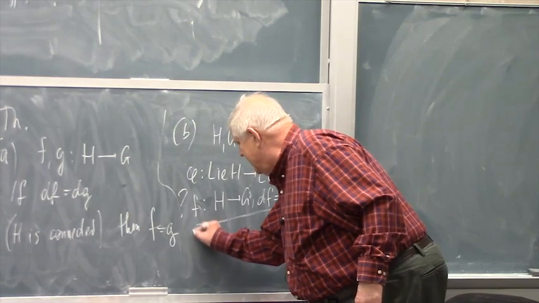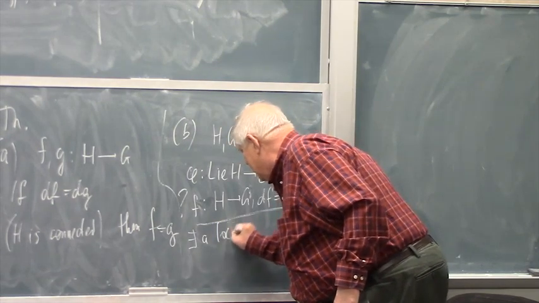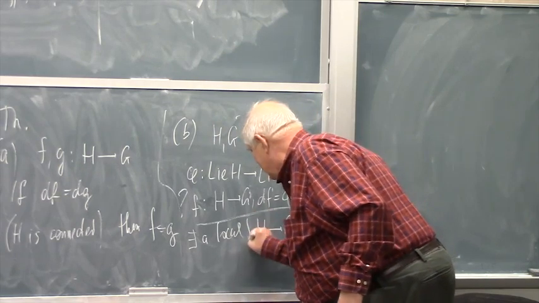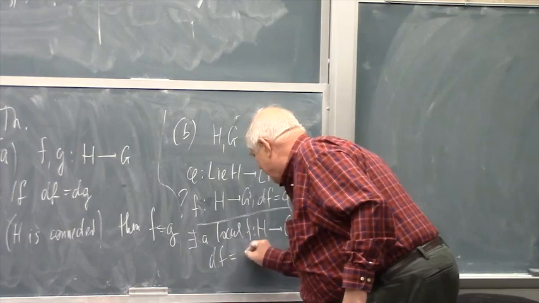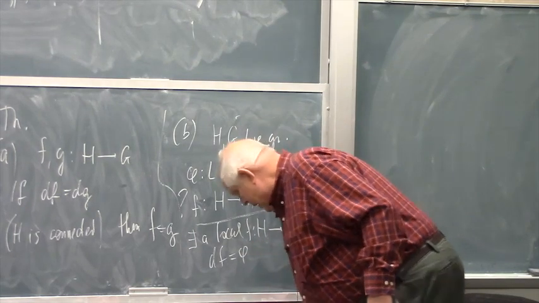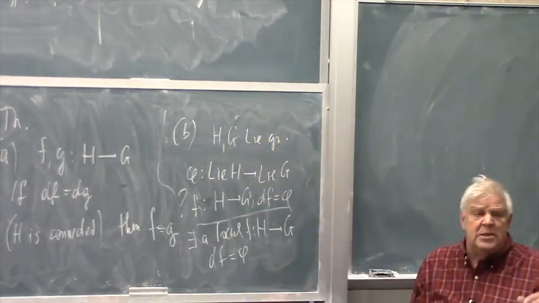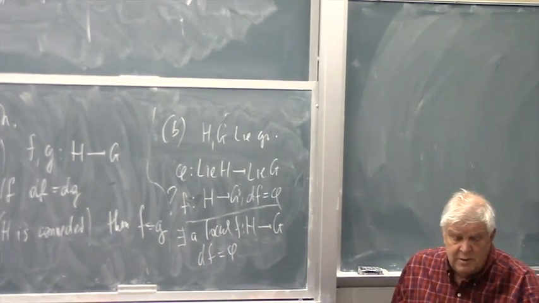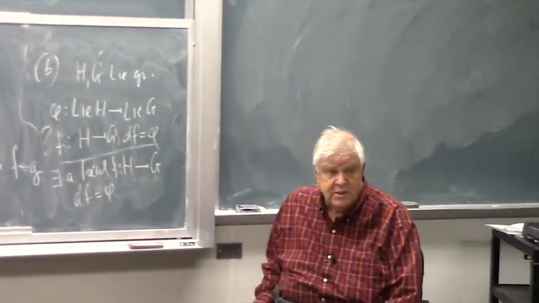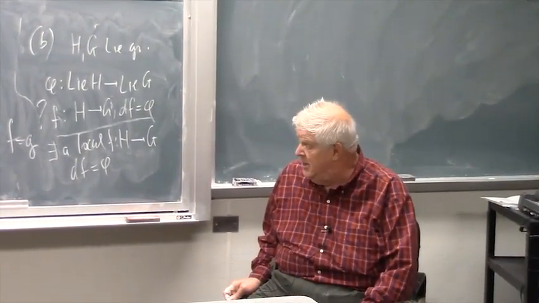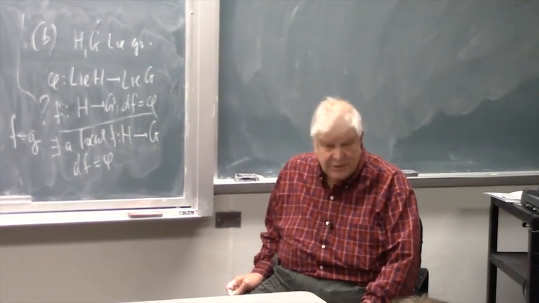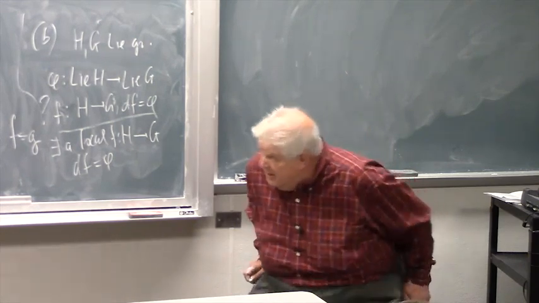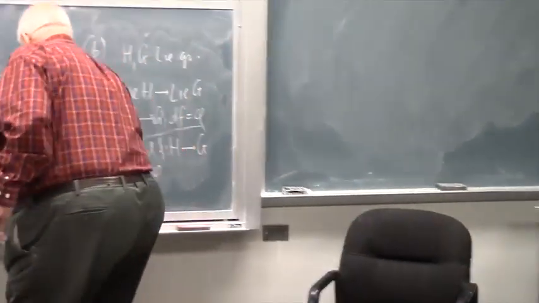There exists a local homomorphism with df equal to phi. This is always true. What is a local homomorphism? It is a map of some neighborhood of the identity element in H into G, which is as much a homomorphism as it can be.